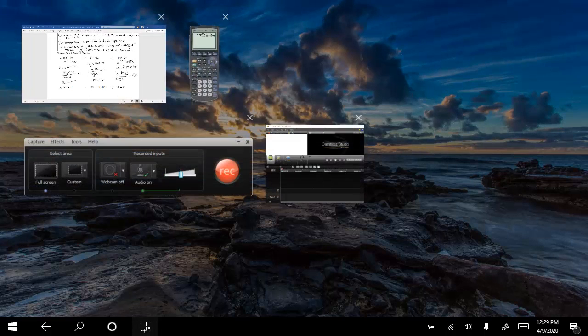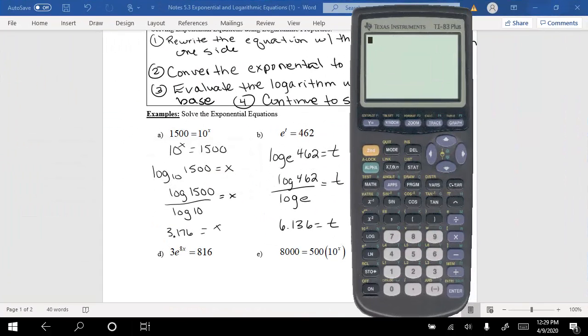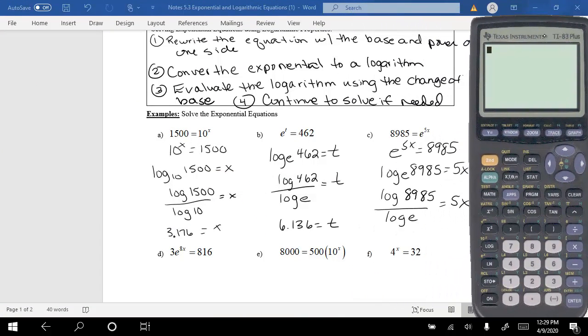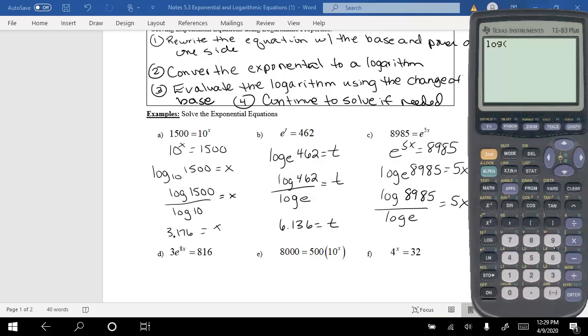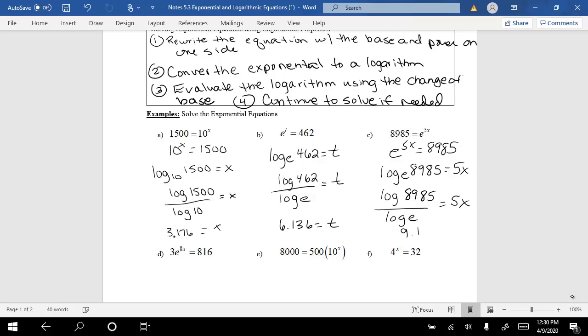So take out your calculator. We're going to say log of 8,985 divided by log of e gives me 9.1033 equals, this time, 5x.